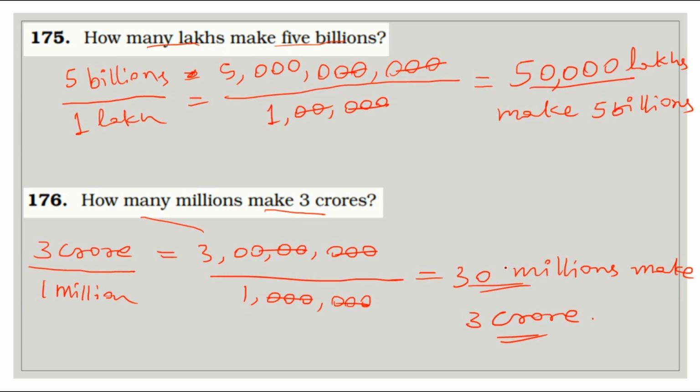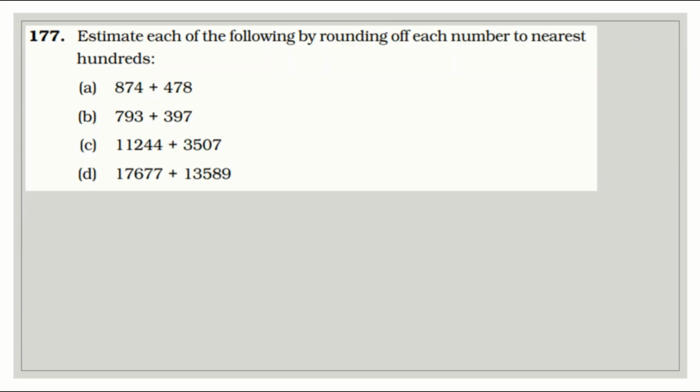Next, coming to question number 177. Here in this 177th question, we are asked to estimate the following by rounding off each number to the nearest hundreds. See students, whenever you are rounding off to the nearest hundreds, you have to watch the tens place.